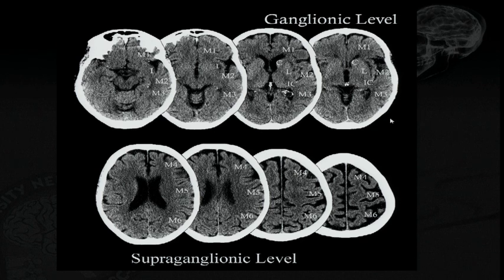Those four are your deep structures. Lateral to that, you have your anterior MCA territory, your lateral MCA territory, and your posterior MCA territory. Then you go to the cut above, and you have anterior, lateral, and posterior MCA territories. Those are your M4, 5, and 6. And that gives you your 10 points of the ASPECTS.